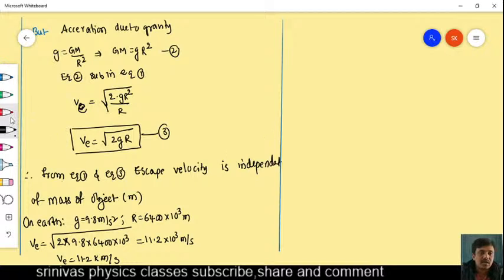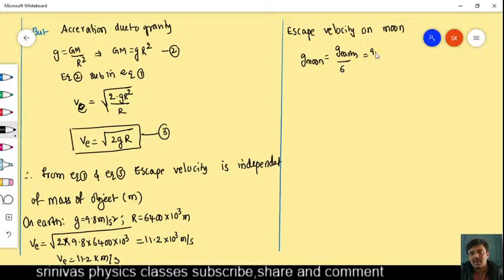Acceleration due to gravity on the moon is the acceleration due to gravity on Earth divided by 6, that means 9.8 by 6 meter per second square. Then if you substitute the radius of the moon also, it will be less. If you find out the escape velocity on the moon, you will get about 2.3 kilometer per second. And this is about escape velocity.